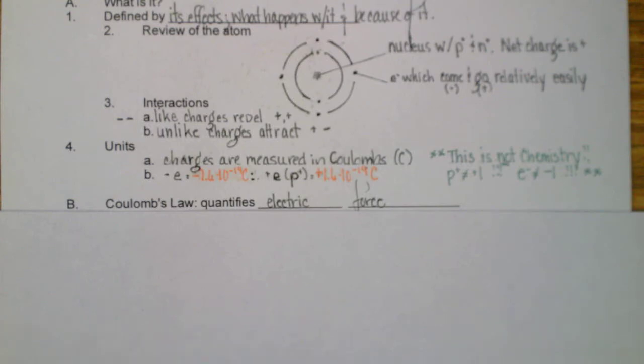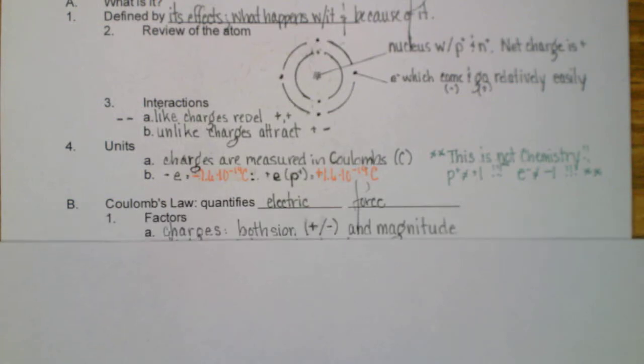Okay, to pull together the relationships of these charges, what kind of force they actually create with each other, the push or the pull. The push if they're like charges, the pull if they're unlike charges. To quantify what this force actually is, we have Coulomb's law. Coulomb's law quantifies electric force.